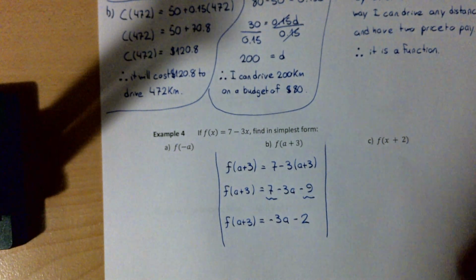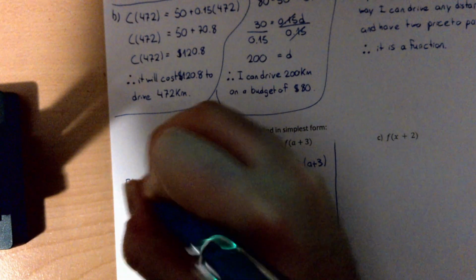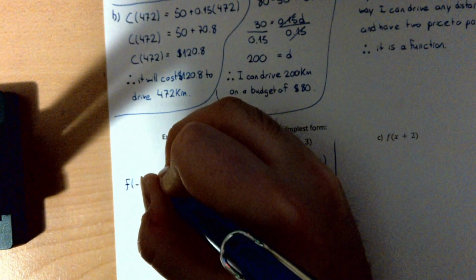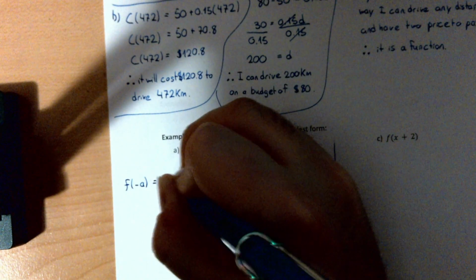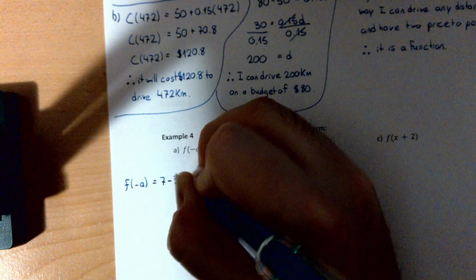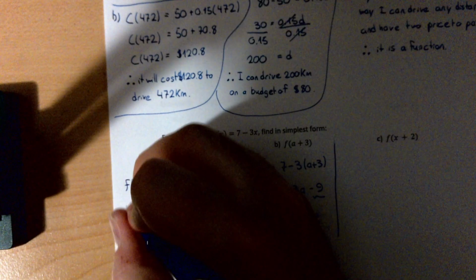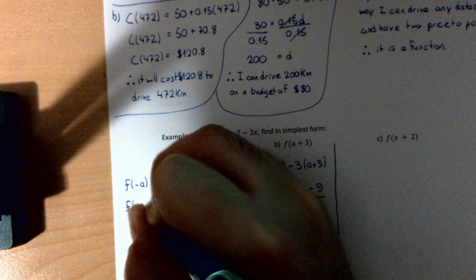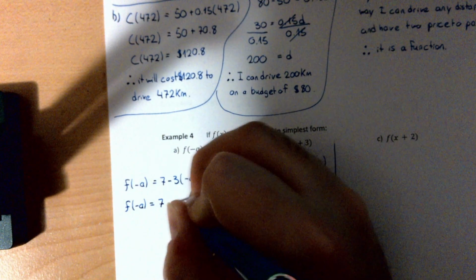So, let's take it up. The first one, f of minus a, is nice and simple because I'm replacing one variable with another. So I'm really just changing the letter and then just the sign because I've got a minus, right? I've got minus 3 times minus a. So f of minus a, the 7's not going to change. 3 times a is just 3a.